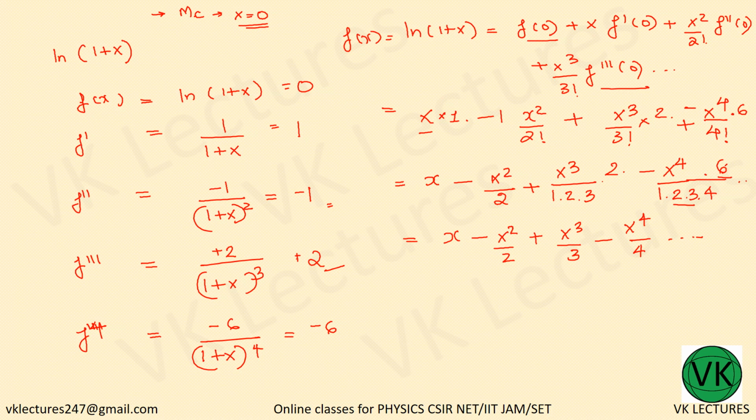So I can write log 1 plus x is equal to x minus x square by 2 plus x cube by 3 minus x to the power 4 by 4, etc. Now at x equal to 1, log 2 equals 1 minus 1 by 2 plus 1 by 3 minus 1 by 4, the next term will be plus 1 by 5.